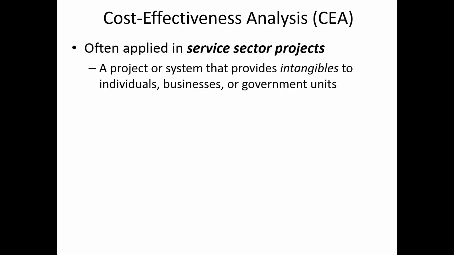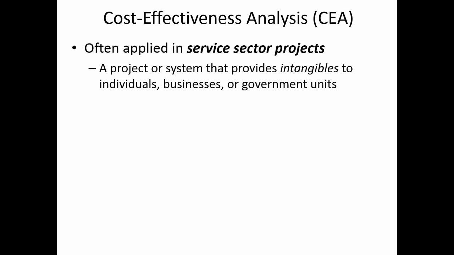Cost effectiveness analysis is sometimes used instead of B to C ratios, where we want to find out how efficient an office is at doing a certain thing. And so it's used in the service sector. And what we mean by service sector is that part of the economy that doesn't produce solid items. You know, like there are material goods like cars and ships and airplanes.